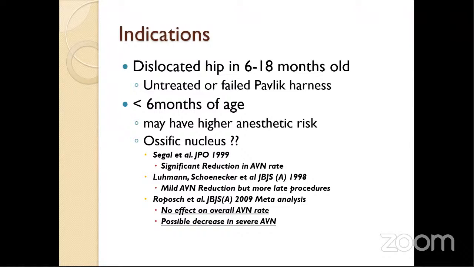And a few papers have also said that because the head is so soft at a very young age, too much force or compression on the head may lead to avascular necrosis, and they feel the AVN rates are higher. In fact, a few papers have asked people to wait till the ossific nucleus appears so that there is some hardening of bone and AVN rates are lower. But there is a controversy regarding that.